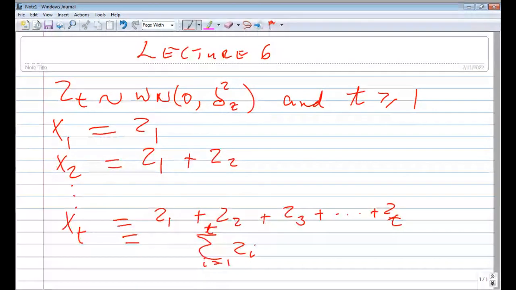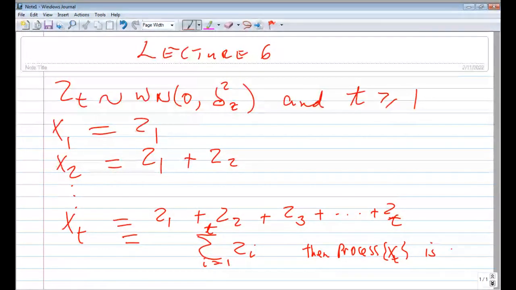So Xt can also be written as the summation of Zi, where i starting from 1 up to t. So immediately when you have that expression, that process, then the process Xt is called a random walk.